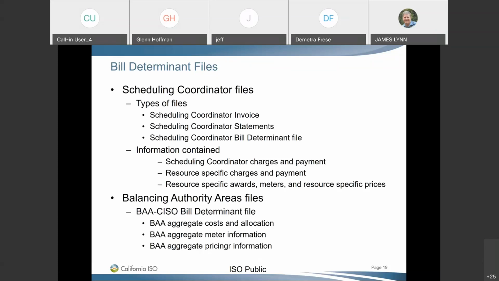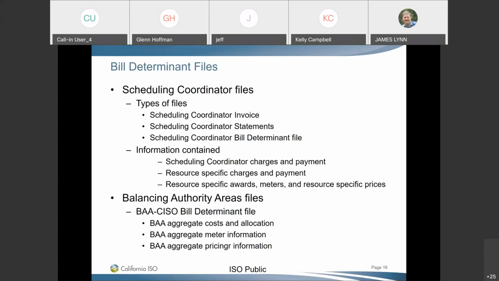Hey, James, this is Kelly with Reading. Hi, Kelly. Can you hear me? Hi. So when I'm looking at the CISO bill determinant in MRIS, I don't see one specific for Reading for our SCID. I see BANC and I see several other entities. Should we be seeing one specific to us, or would we only see it under BANC? Did we set up a scheduling coordinator ID for Reading?